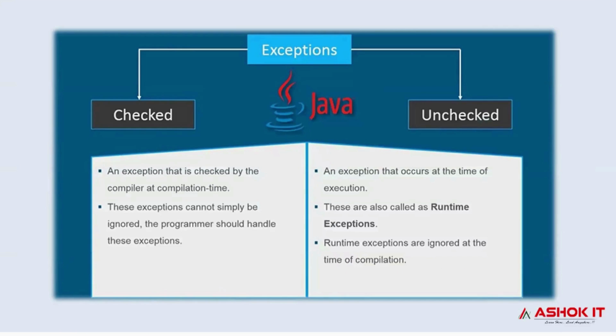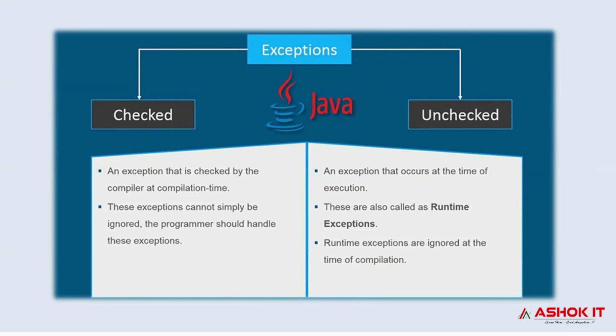Let's now check the difference between checked and unchecked exceptions. In simple terms, exceptions that happen at compile time are the checked exceptions, like IOException, etc. Runtime exceptions are those which occur at runtime, like divide by zero, array index out of bounds, and NullPointerException.